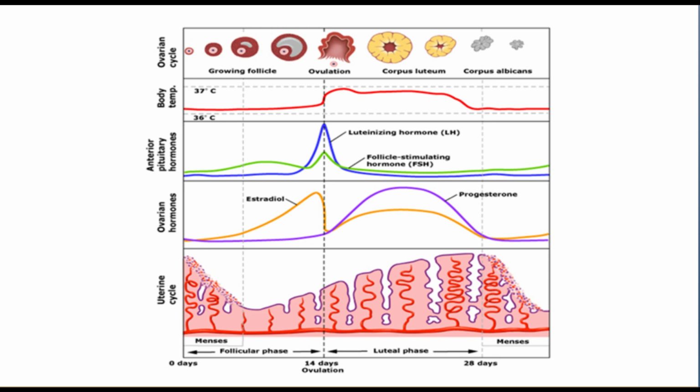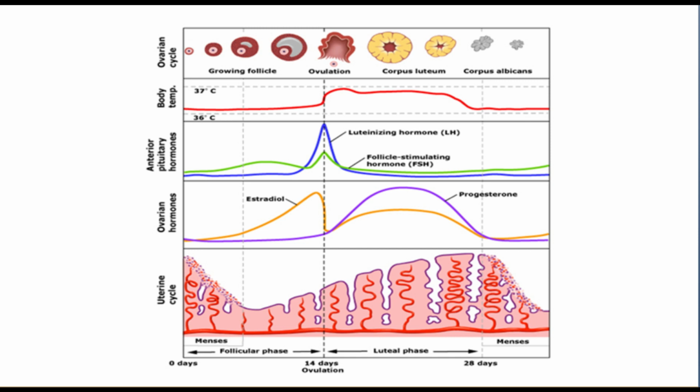The hormones estrogen and progesterone cannot be at the same level in the same phase, meaning that estrogen cannot be high and progesterone also high at the same time. If estrogen is high, the progesterone needs to be low. During day 14 until 28, the level of progesterone is high, but the level of estrogen is low. And this is also the anterior pituitary hormone.